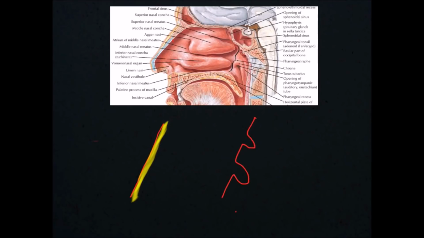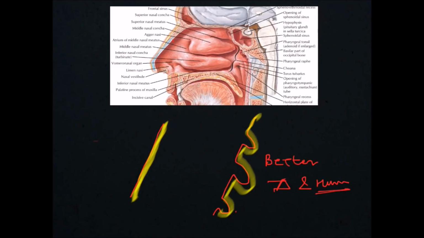Which one will provide more surface area? I hope you are clear from the diagram. The second one will provide more surface area. If it provides more surface area, then there will be better temperature regulation and better humidification. So for better temperature regulation and humidification, these 3 bony projections have been created.